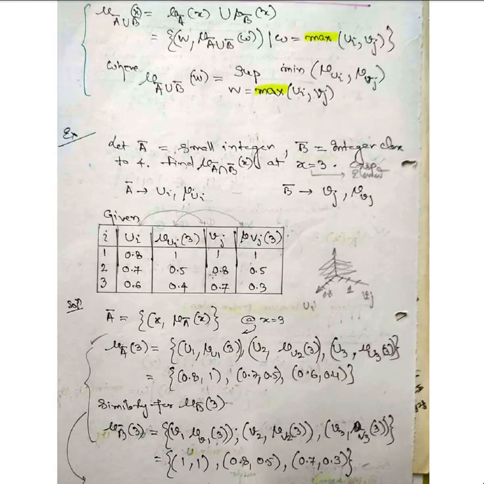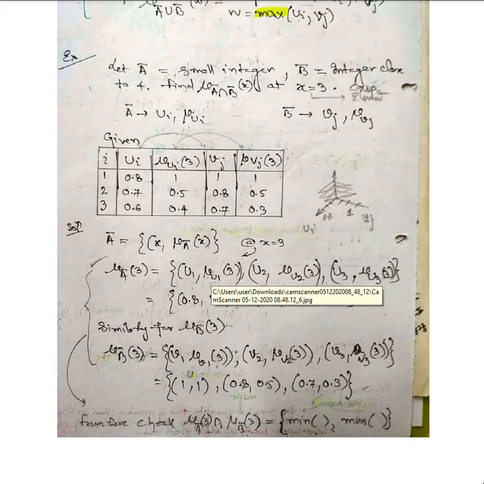Now let's see this numerical problem with respect to the intersections. That is given as set A, set B. Find the A intersection B of a membership function of type 2 fuzzy set at X is equal to 3. So that is what it has been termed, X is equal to 3.